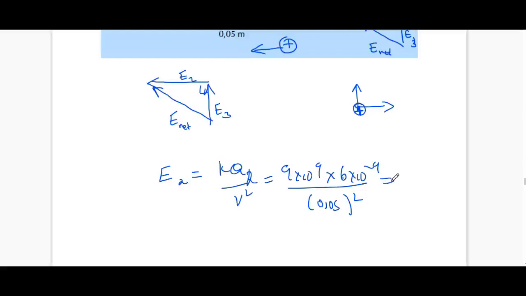So here I have 21,600 Newton per coulomb.